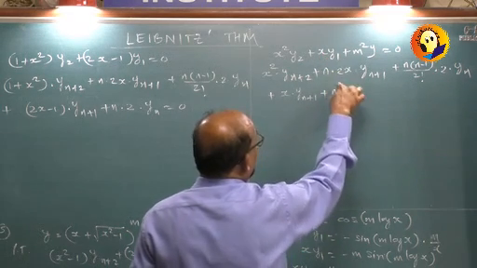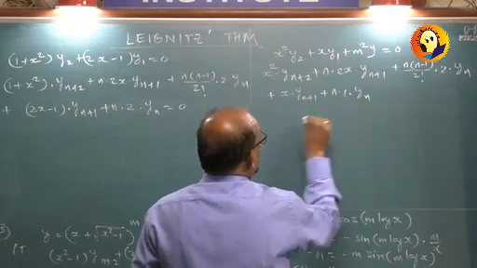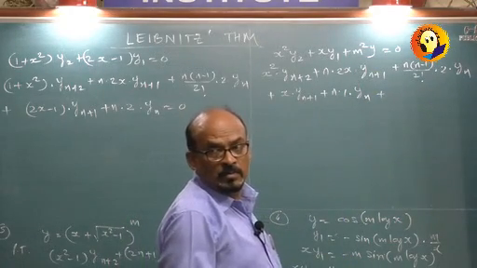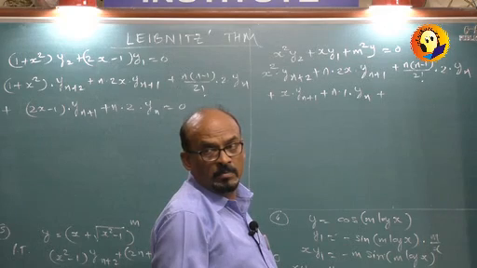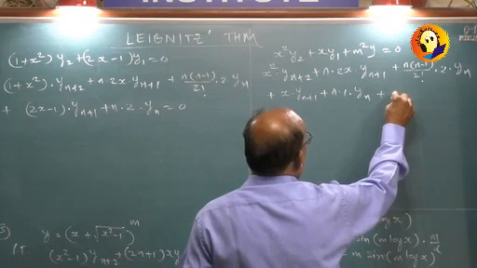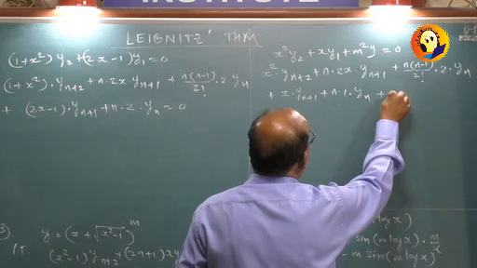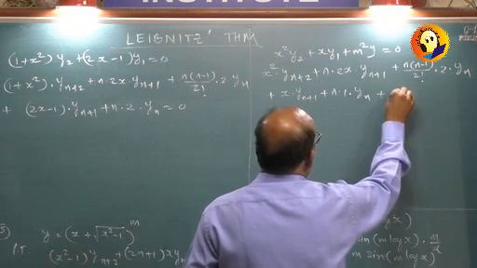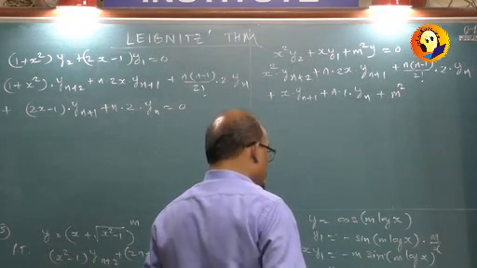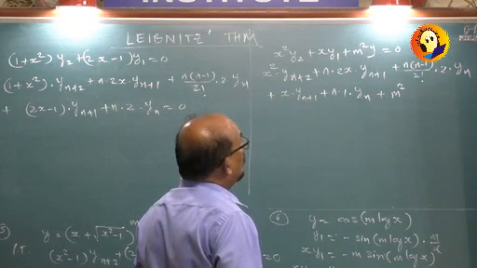What is derivative of x? 1 into yn plus... what is u? 1. So u is not there. So what is the term now? Y. What should I write? M square y.